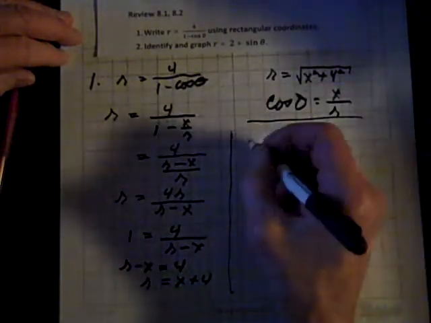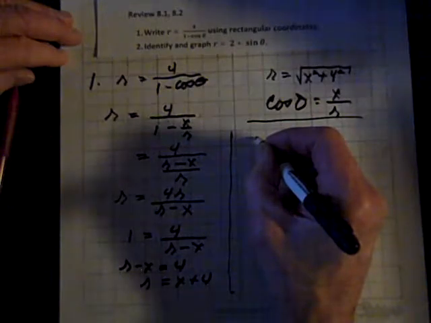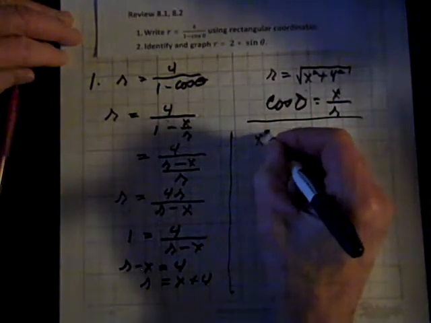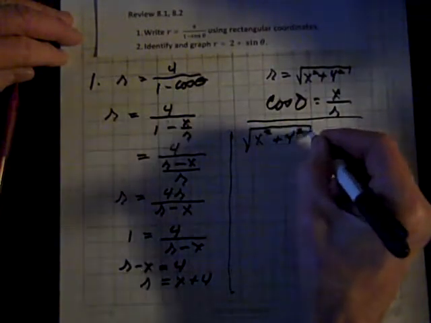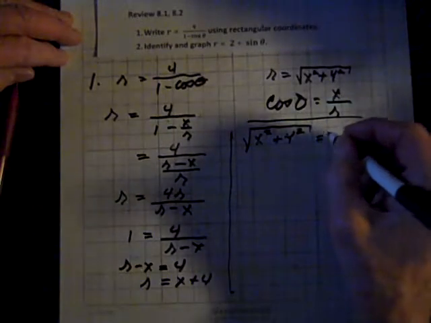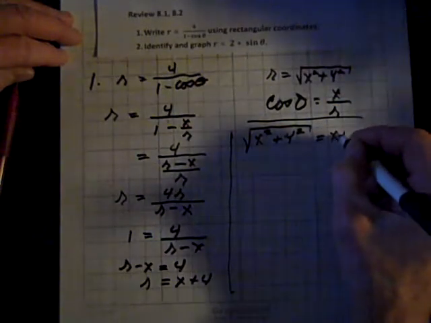Now we'll replace r with its identity, and we have the square root of x squared plus y squared equals x plus 4.